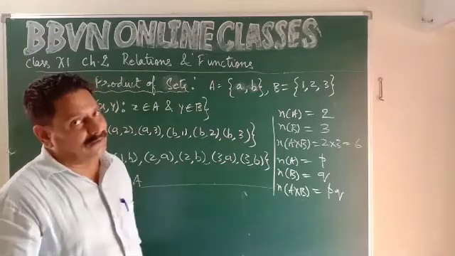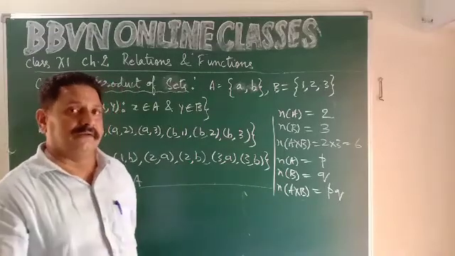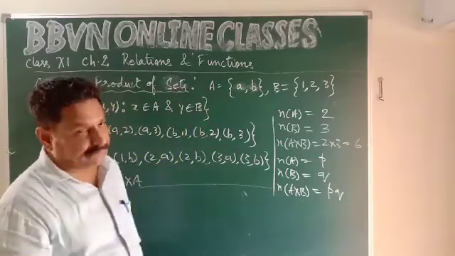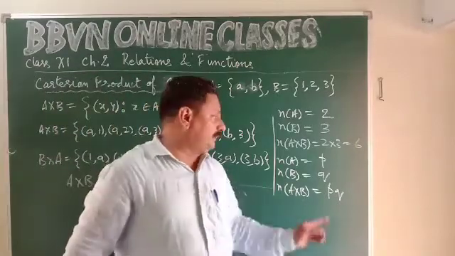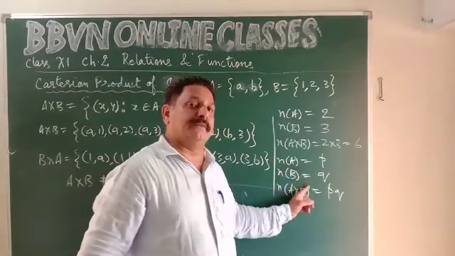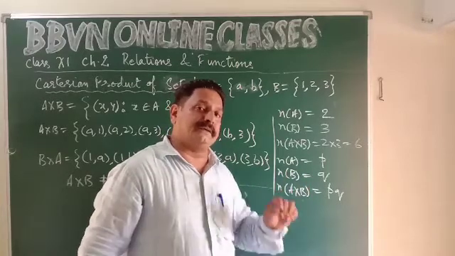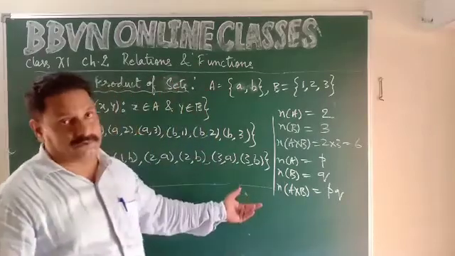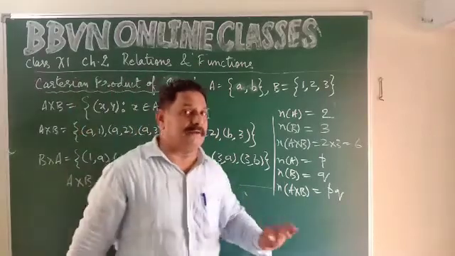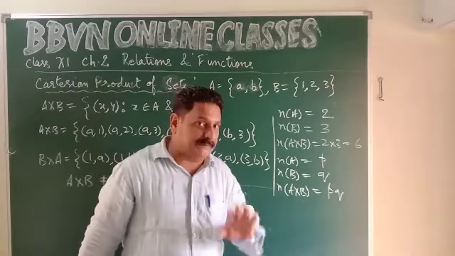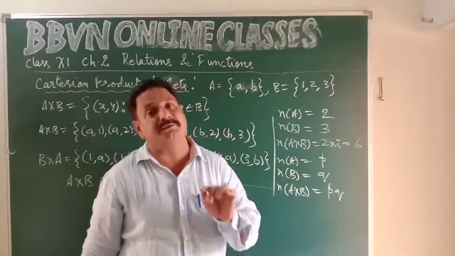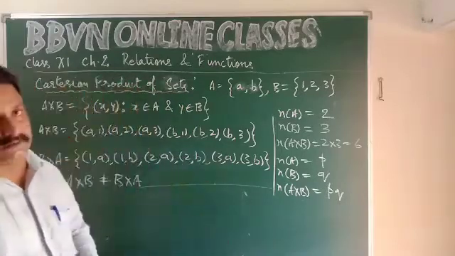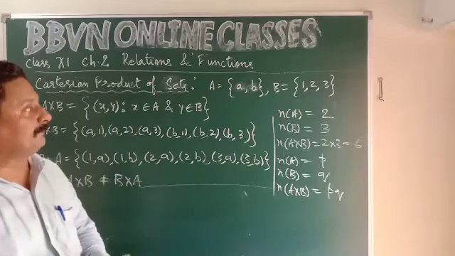The product of the cardinal numbers of any two non-empty sets will give you the cardinal number of the Cartesian product of those two sets. It can be A cross B or B cross A. The number of elements will be the same, but A cross B is not equal to B cross A. Understood? So this was about the Cartesian product of any two sets.